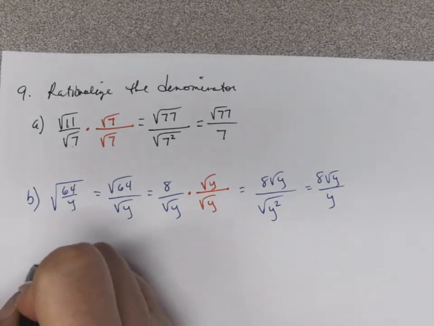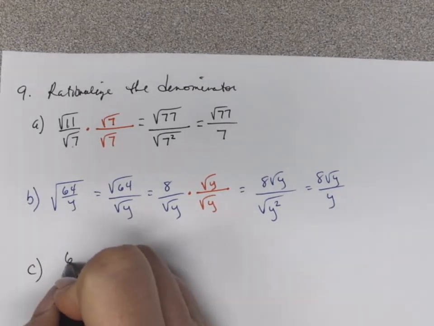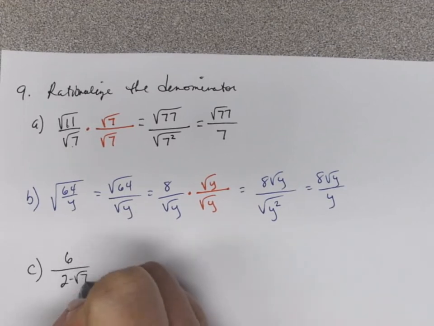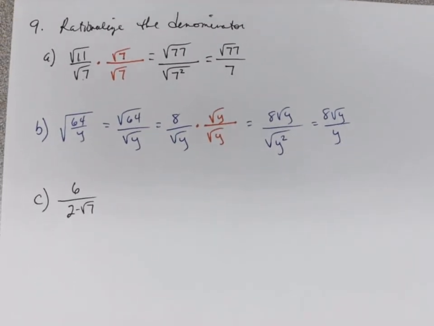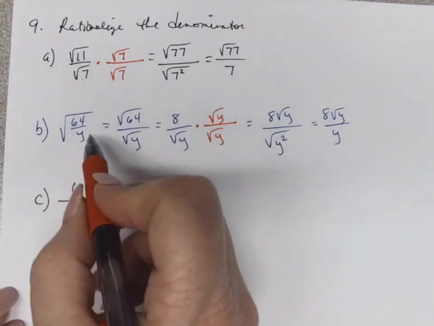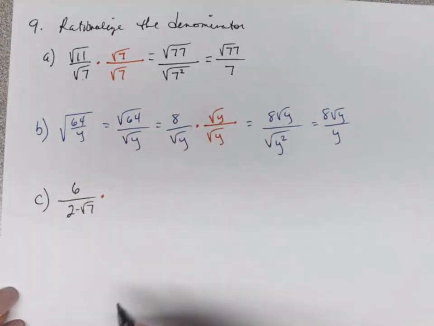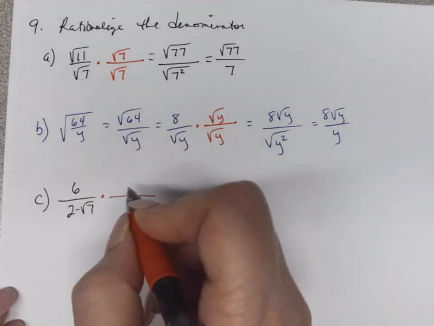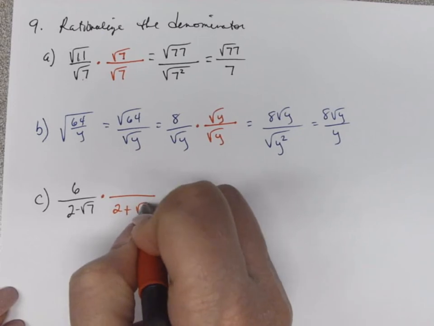All right, let's look at C. On C, we have 6 over 2 minus the square root of 7. So because we have a subtraction going on here, we're going to have to multiply by the conjugate. It's not just a single term. In the previous two, we had a single term, but this one we don't. We have two terms. So 2 plus that square root of 7.